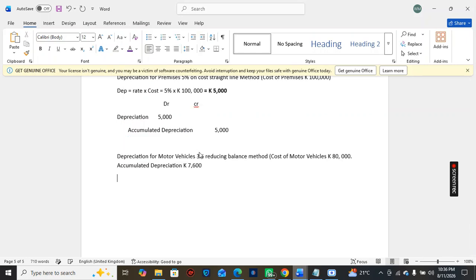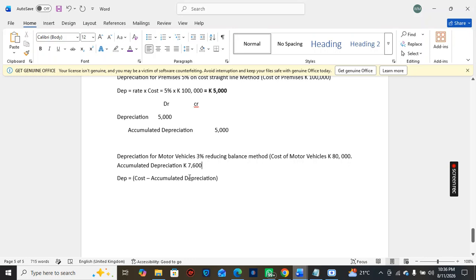Yes, so this is the formula. Depreciation equals cost minus accumulated depreciation. Colleagues, this tabulation here gives us what is called the net book value, NBV.